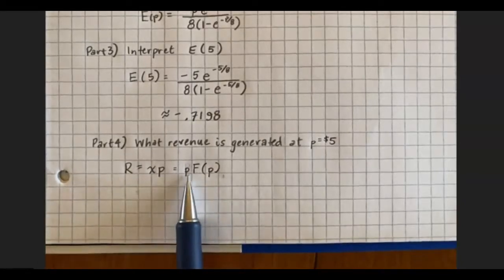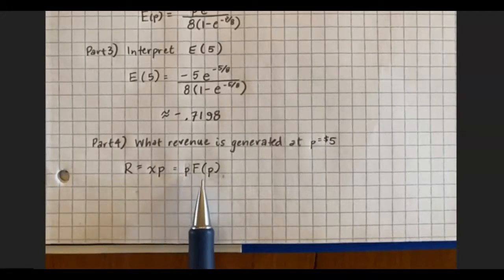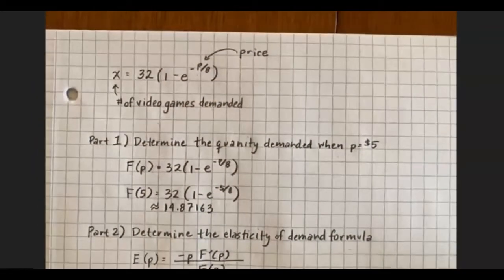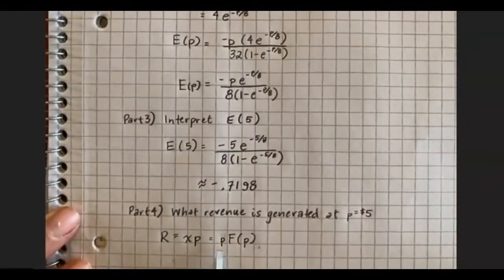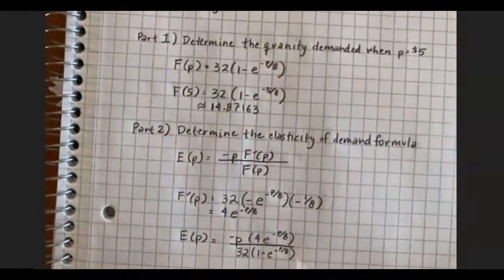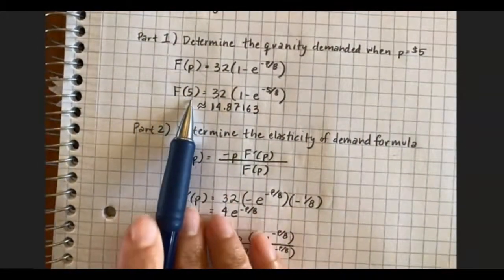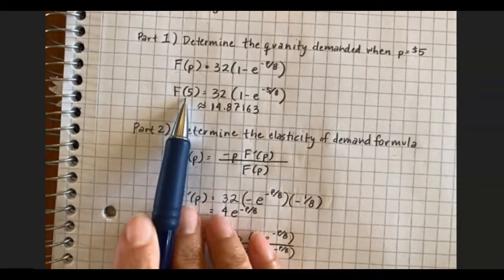And in this case, remember our X was our f of P, right? Our original function way back here. And then just times P, and P again is 5. But way back in part 1, we found f of 5. So that is our X at P equals 5.